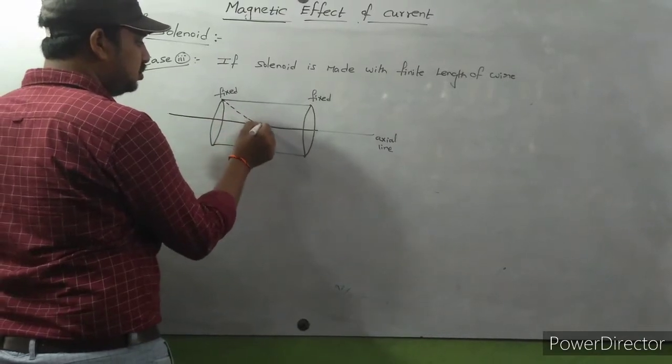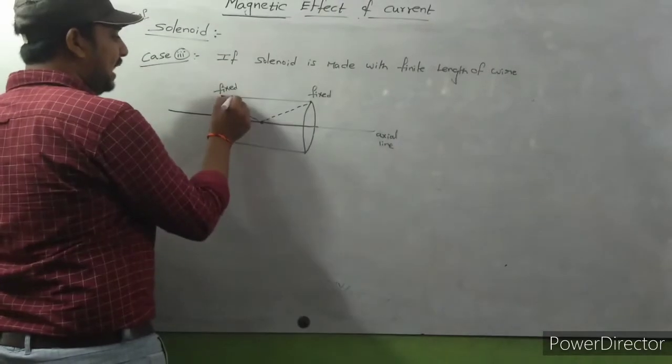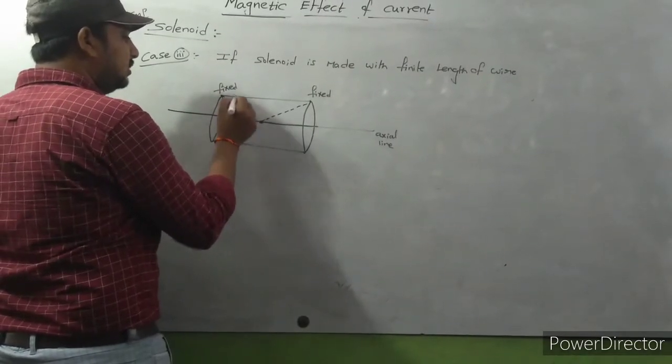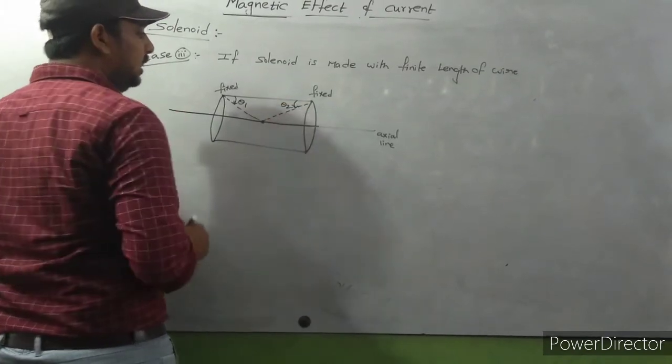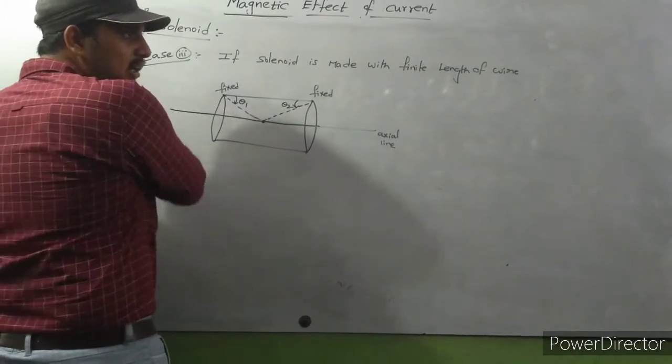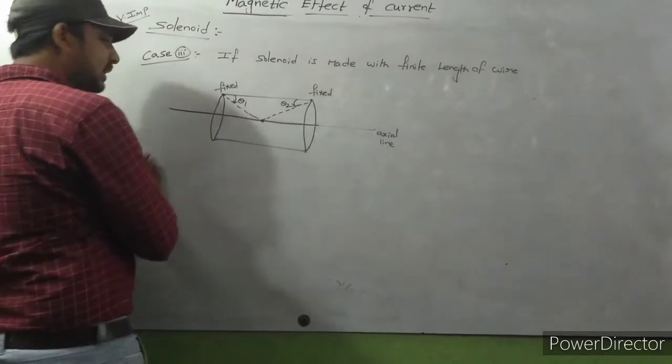The first step is to join the fixed ends to the point, and here it makes some angles. This angle is theta 1 and this angle is theta 2.